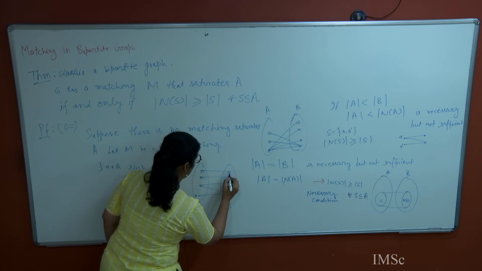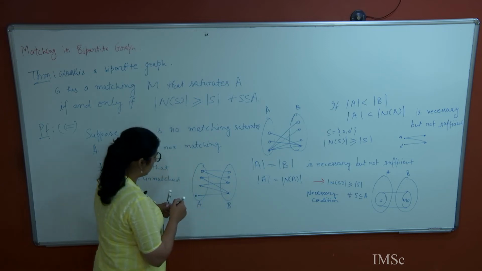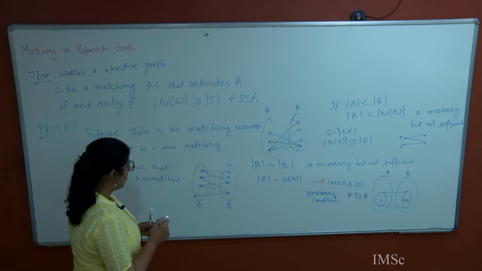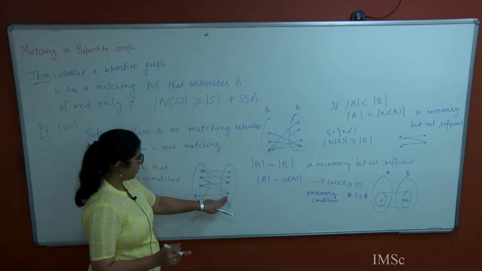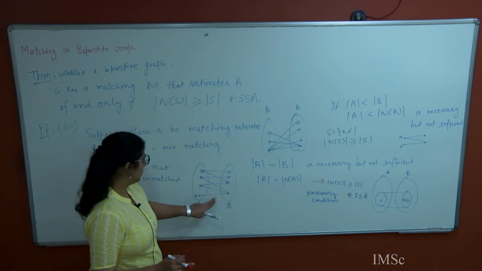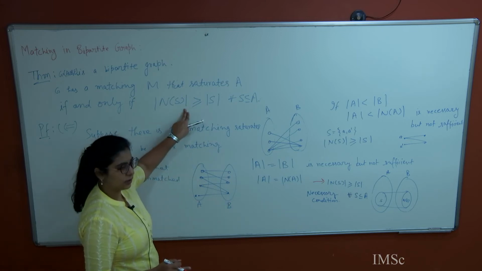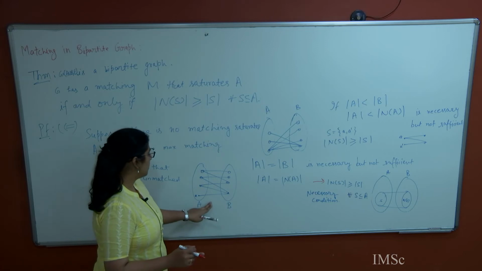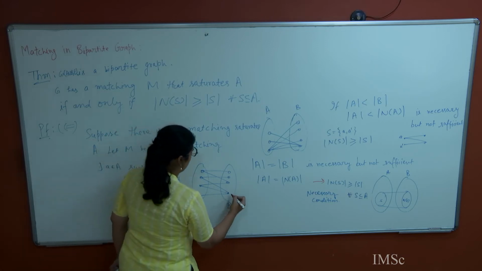Let's make some graph. Like this. So A has some neighbor by this condition, you can take S as a singleton. So this is B, its neighbor.